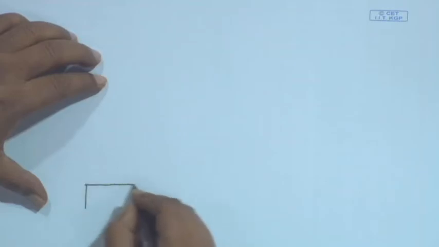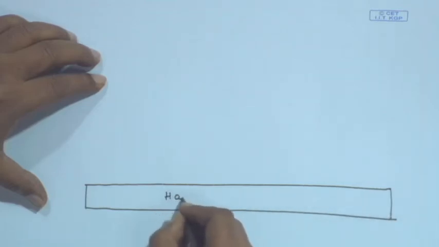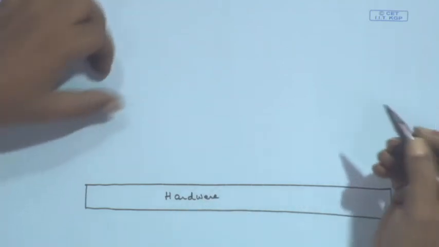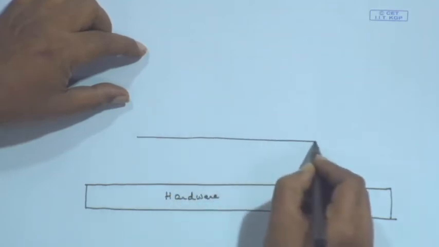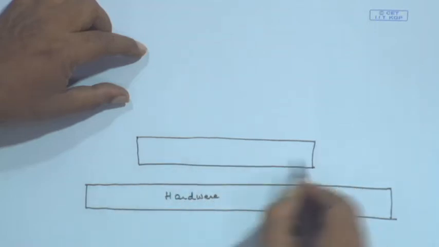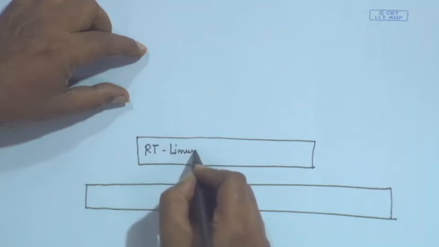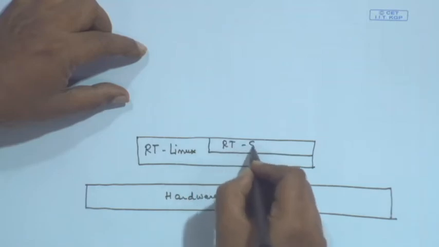Say for example, I have got the hardware here. And on this I have got, say, real time Linux, in which there is a real time scheduler.